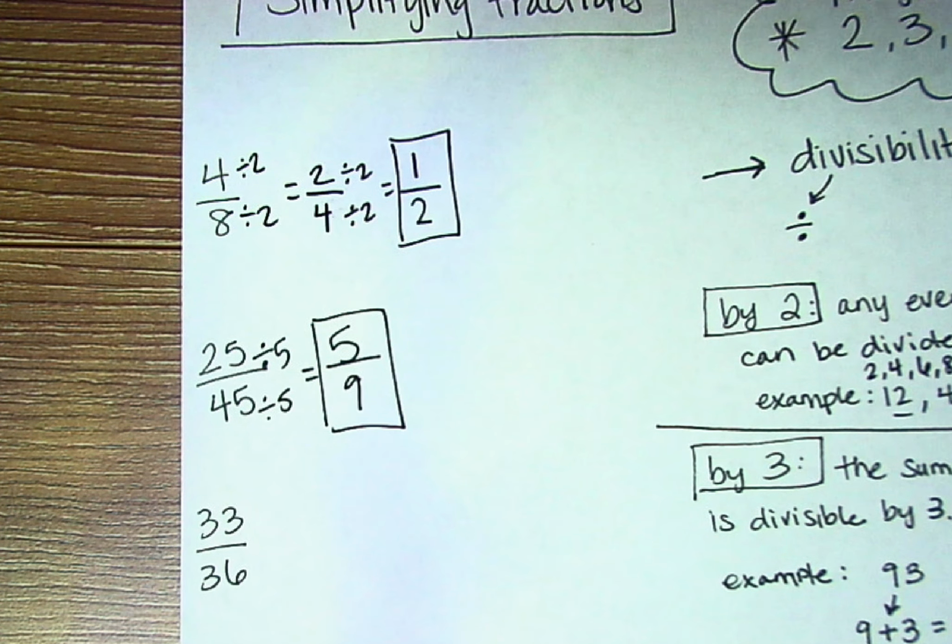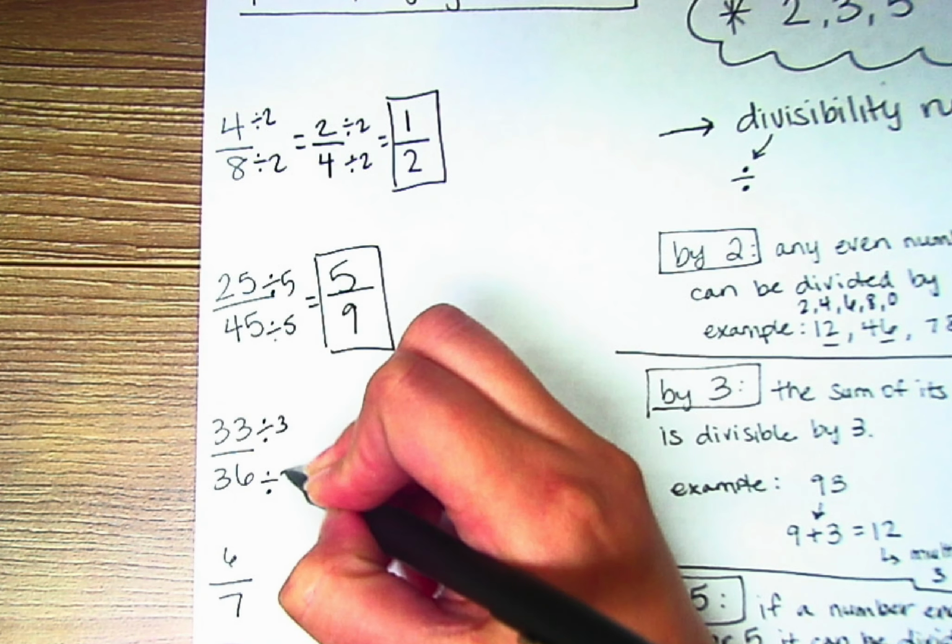Let's do the next one. Next one is 33 over 36. So I'm thinking about my magic numbers. I cannot divide by 2, because this is an odd number, the 3. Let's try dividing it by 3. So I'm going to divide the top and bottom number by 3.